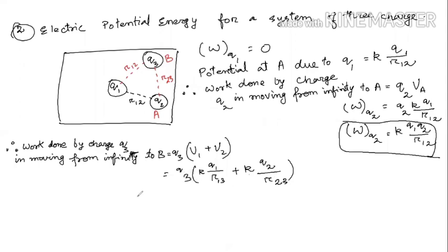This is the work done by Q3. And if we distribute it, you get K Q1 Q3 by R13 plus K Q2 Q3 by R23.